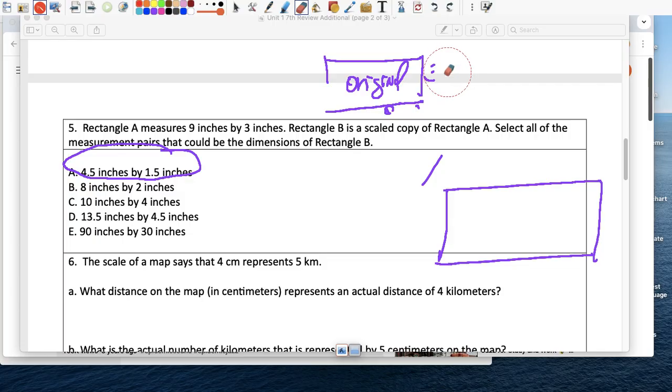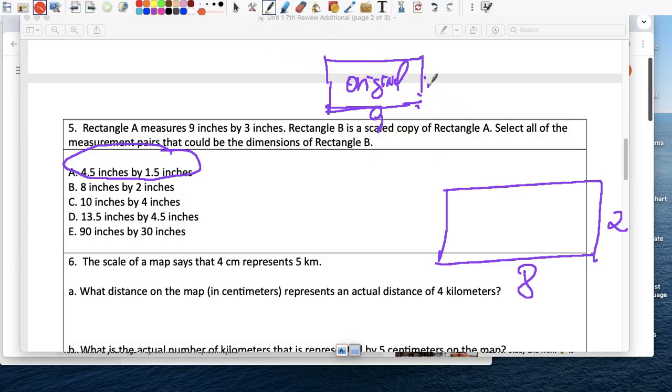Let's look at B. 8 inches by 2. The original was actually 9 by 3.